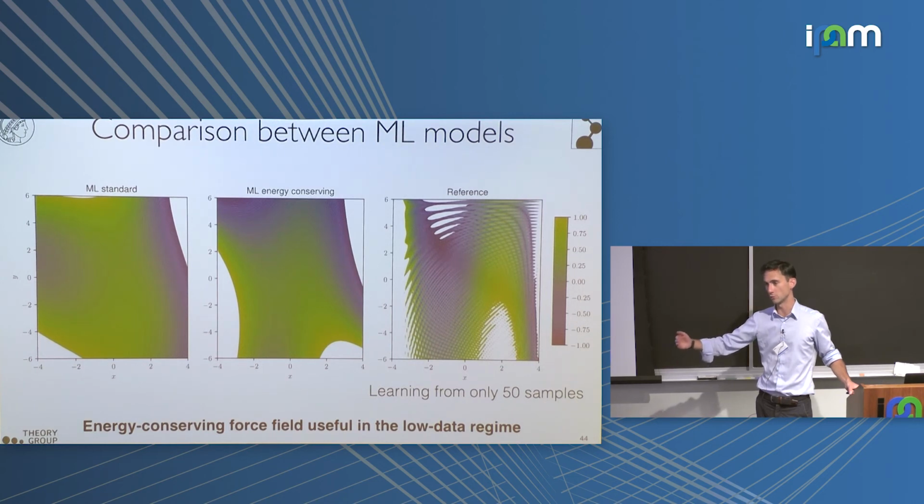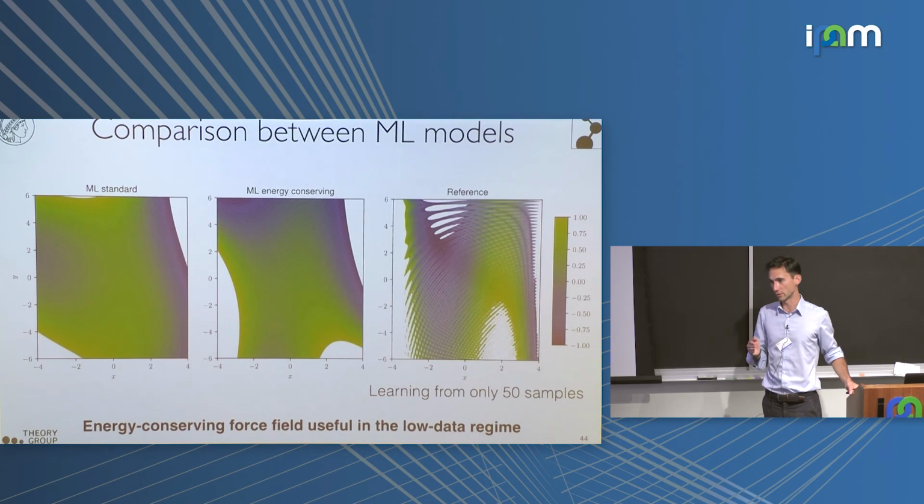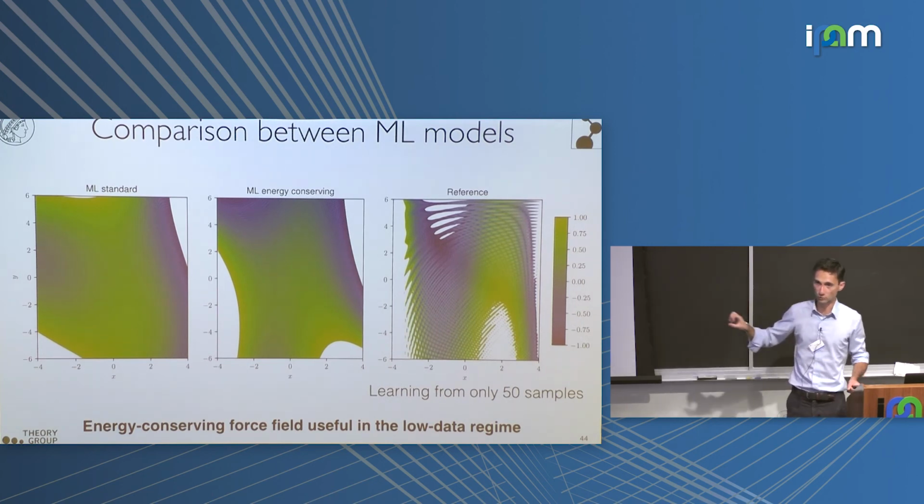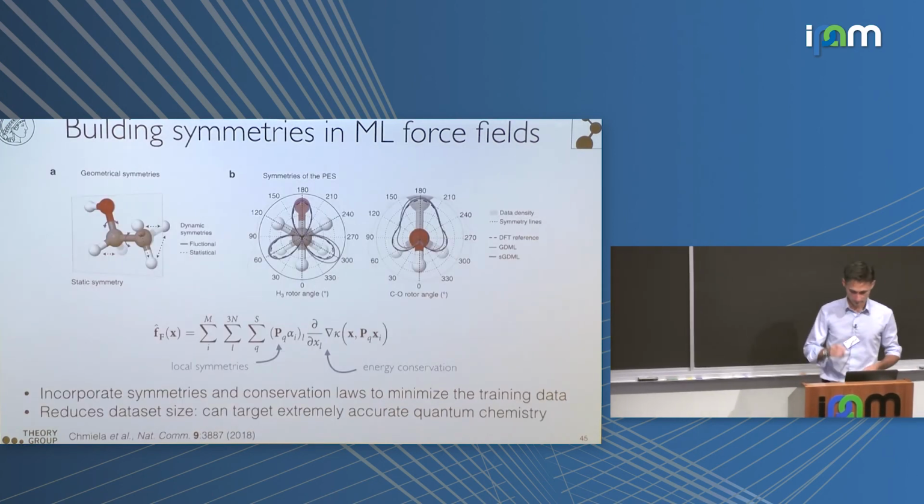What's useful is that if you work in a very sparse regime in terms of number of data points, then you work with a class of machine learning models that ensure energy conservation, and so your prediction, whatever it does, will ensure energy conservation. And that typically means you end up with a model that's a lot more reasonable.